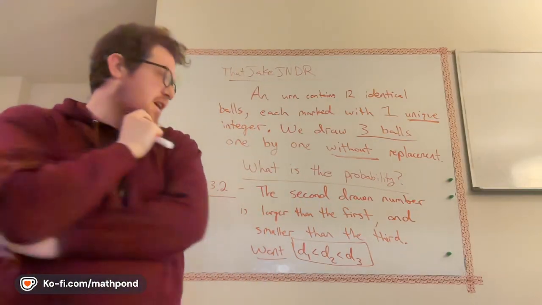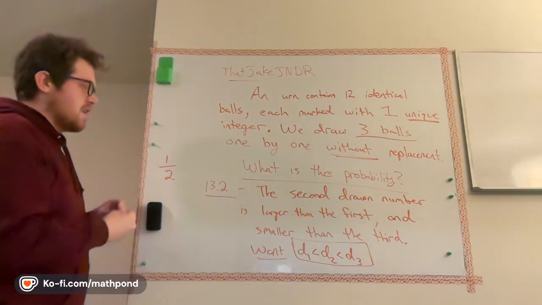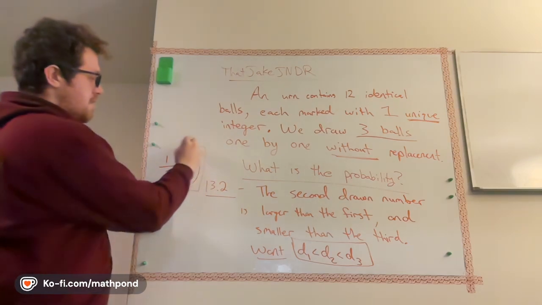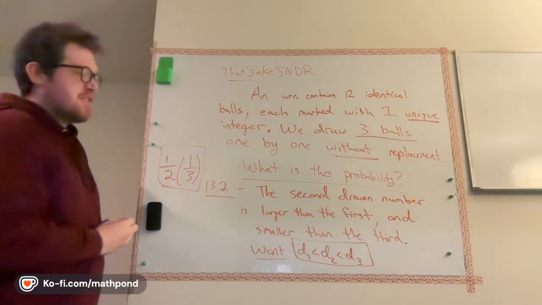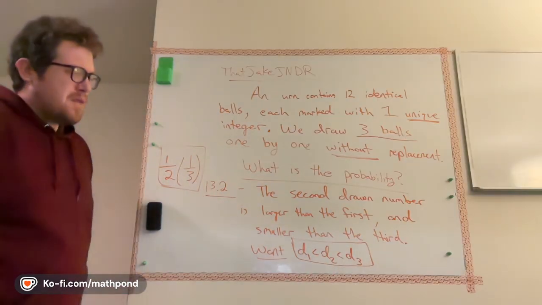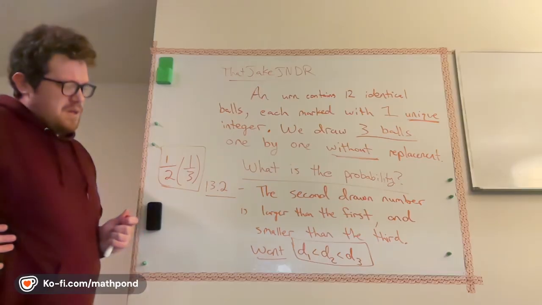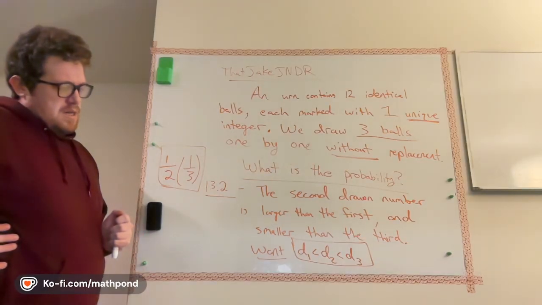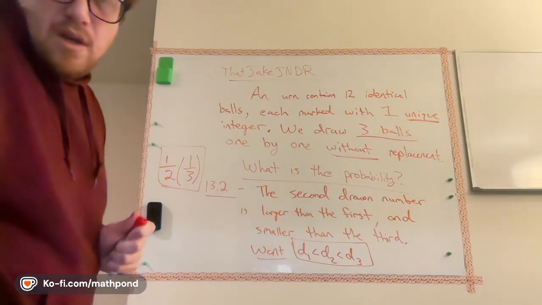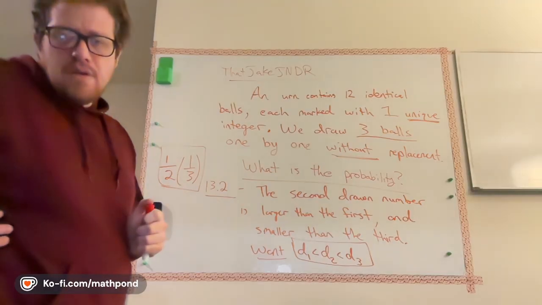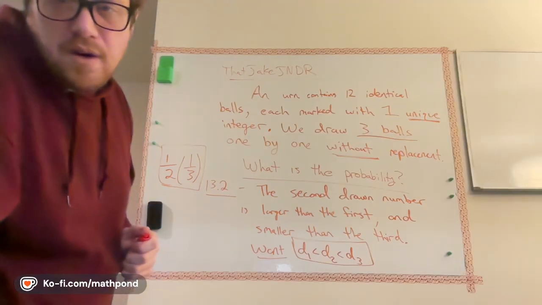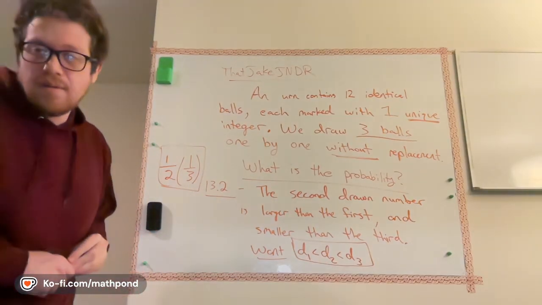That would imply that the probability I was going to multiply by here was 1/3, if the answer is 1/6. So there's a 1/2 chance that D2 is bigger than D1, and then a 1/3 chance that D3 is bigger than D2. Why is that the case? But it's symmetric for all three, so maybe my reasoning is incorrect. It is 1/6. Okay, never mind.